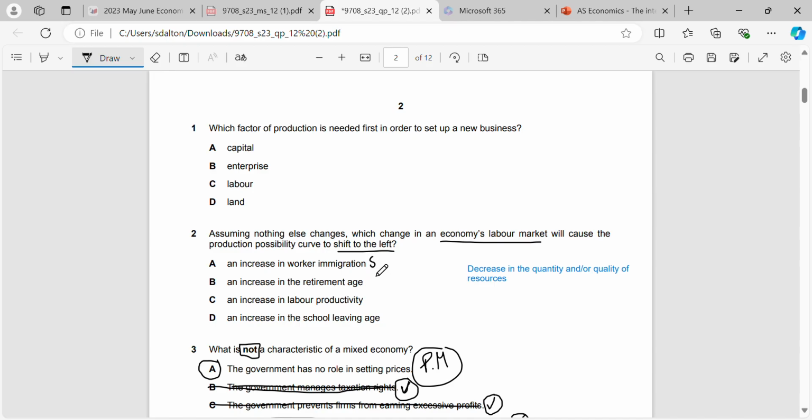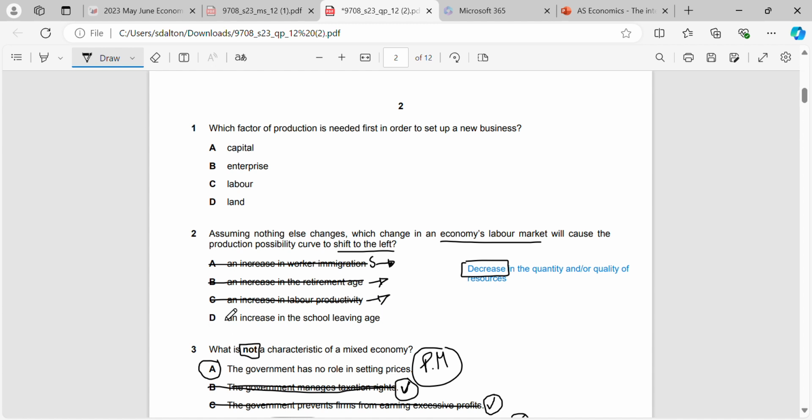No, that may actually result in a shift to the right if we can increase the size of our labour force, at least certainly in the short run, and maybe in the long run, but maybe not the very long run. An increase in the retirement age, again, that's going to increase our quantity and quality of resources, not decrease it, so we know that we're not going to shift to the left. An increase in labour productivity, again, that's going to increase quantity and or the quality of resources, so again we would be going right, not left.